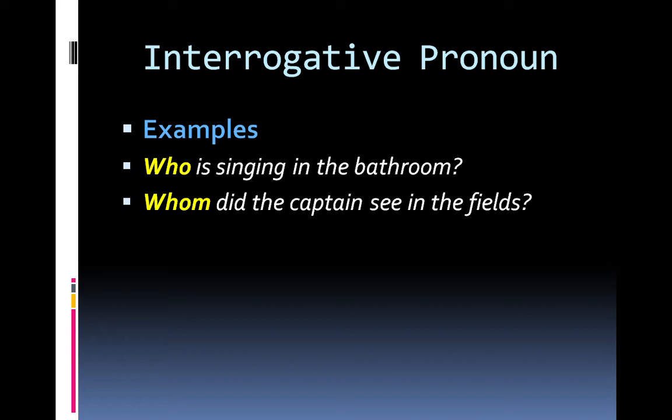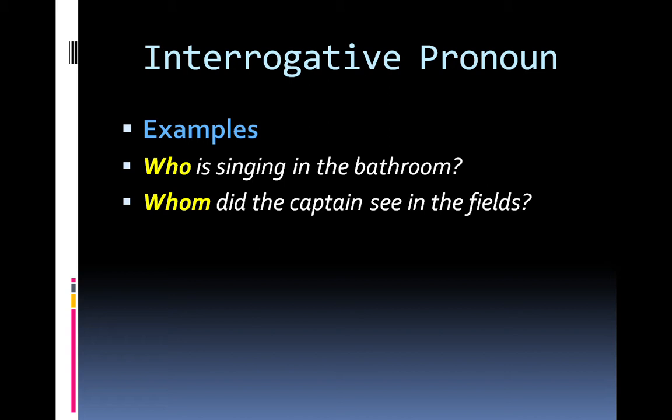Look at the next example. Whom did the captain see in the fields? Whom is the interrogative pronoun in this sentence. Let's try to see which role or function it has in the sentence. What's the verb in the sentence? It's see. Who saw? The captain. So captain is the subject. Whom did he see? We don't know. And we are using this word whom for the person whom the captain saw in the fields.